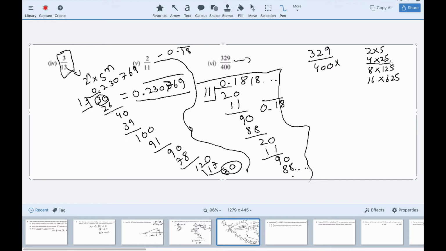So here I already have 4 with 2 zeros. I can either multiply it with 25, or I can do a small trick that I know that if I multiply 400 with 2.5, I get 1000. So I can do 2.5 instead of 25.